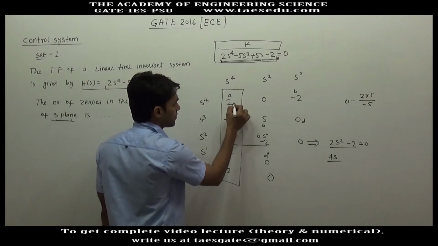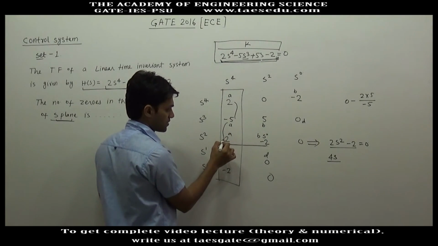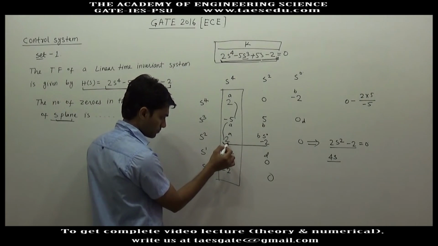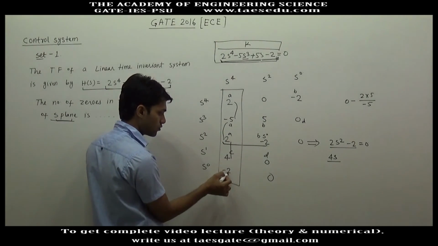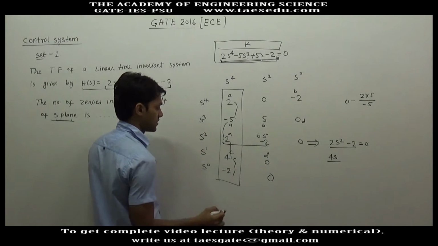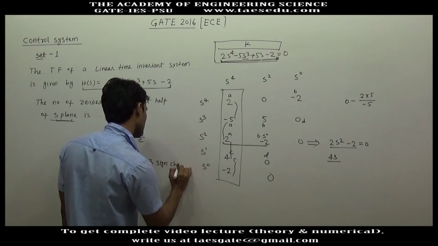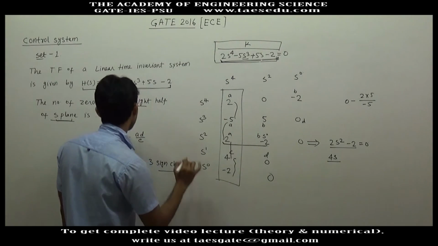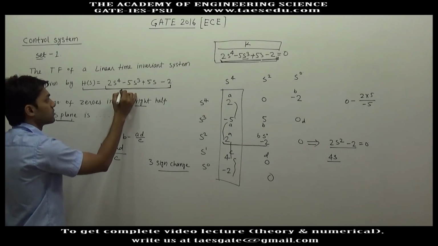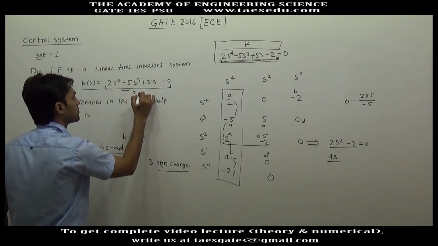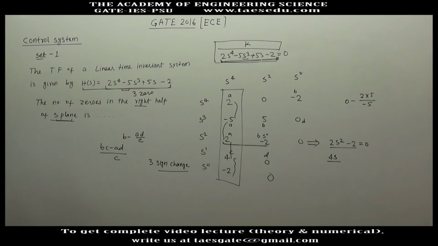So here plus to minus is one sign change, here we have minus to plus, the second sign change, and here is no sign change, but after 4 to minus 2 there is again one sign change. So we have three sign changes. Okay, so it means this equation has three zeros which lie in the right half of S plane.